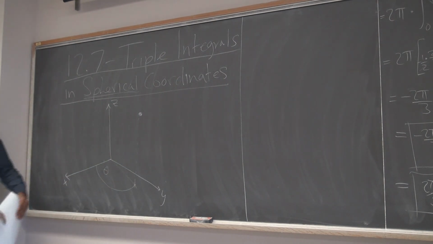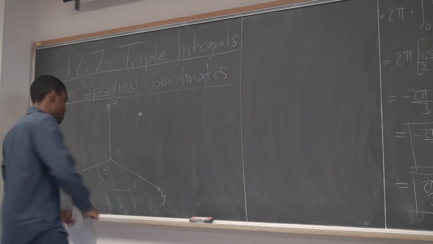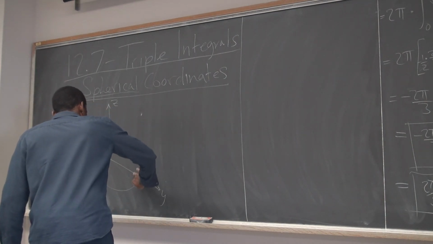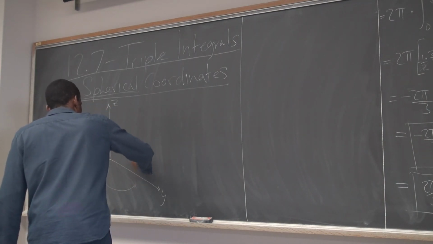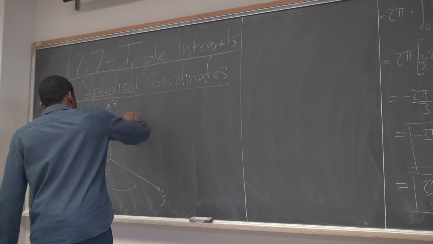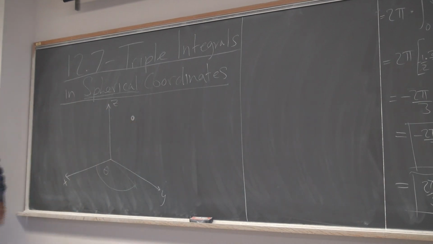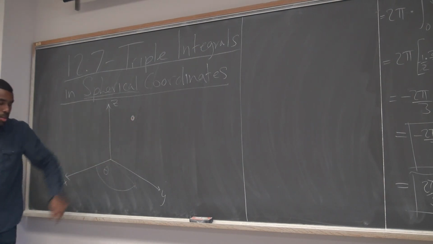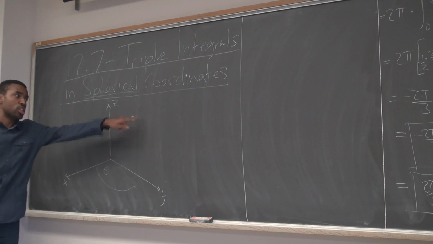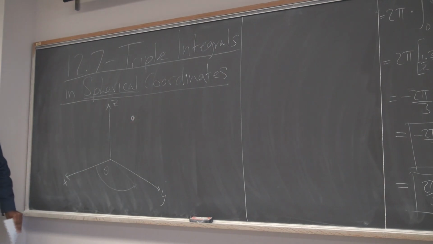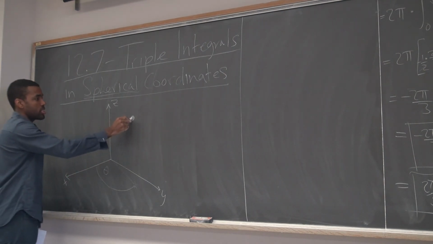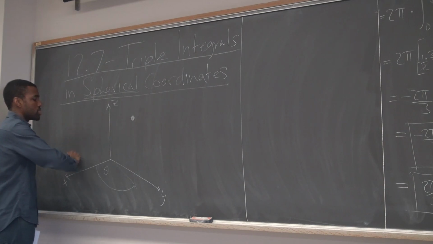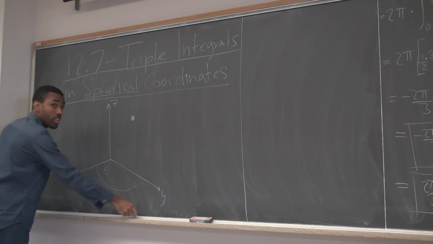But the thing is, we're not going to just jump up from here. That's not looking from an angle. So just like before in cylindrical, we use this theta to swing around to get right below that point. The thing is though, we're not just going to jump up to that point. What we are going to do is think of this point as lying on the surface of some sphere centered at the origin.